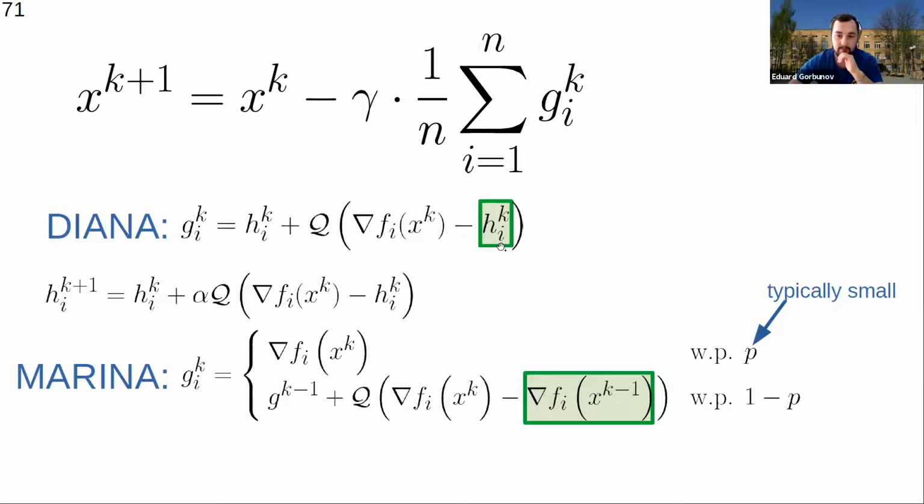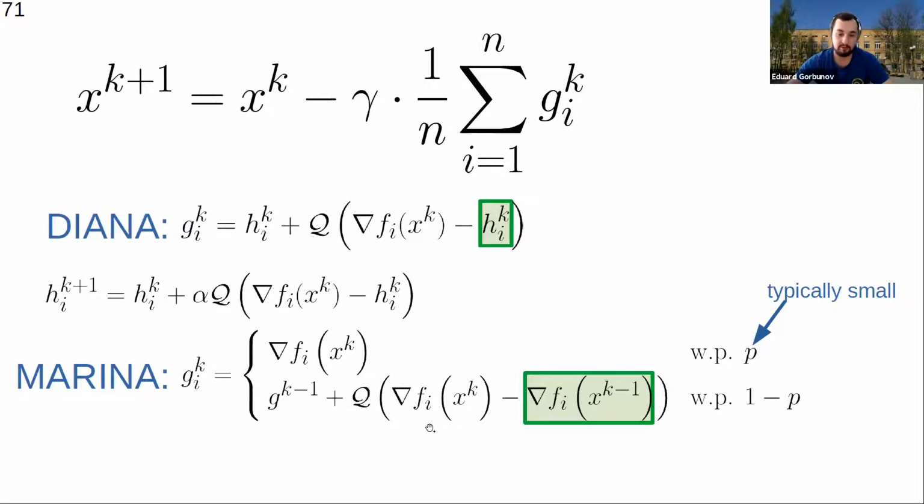It's replaced, h_i^k is replaced by the gradient at the point x^{k-1}. So in some sense, it is a better approximation of the gradient at the optimum than h_i^k, because h_i^k is a learnable shift. So at the previous point you store not only g^{k-1} but also the gradient itself. Yeah, because at the previous iteration we already computed the full gradient.